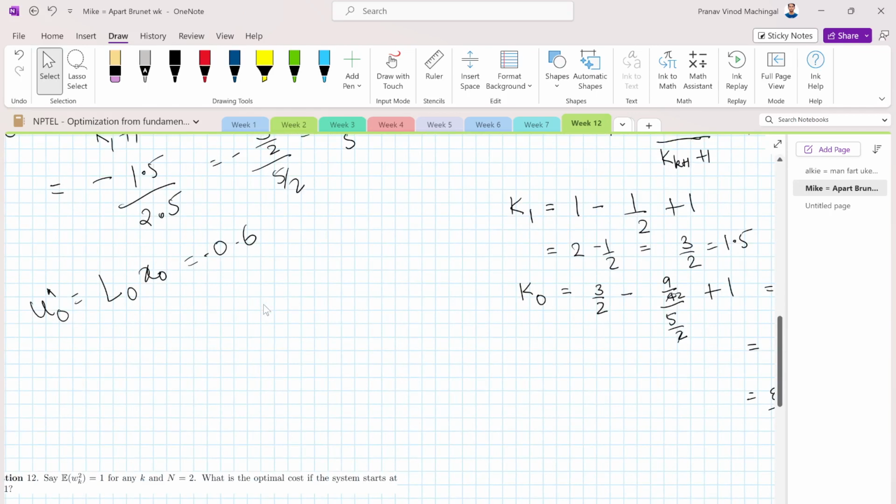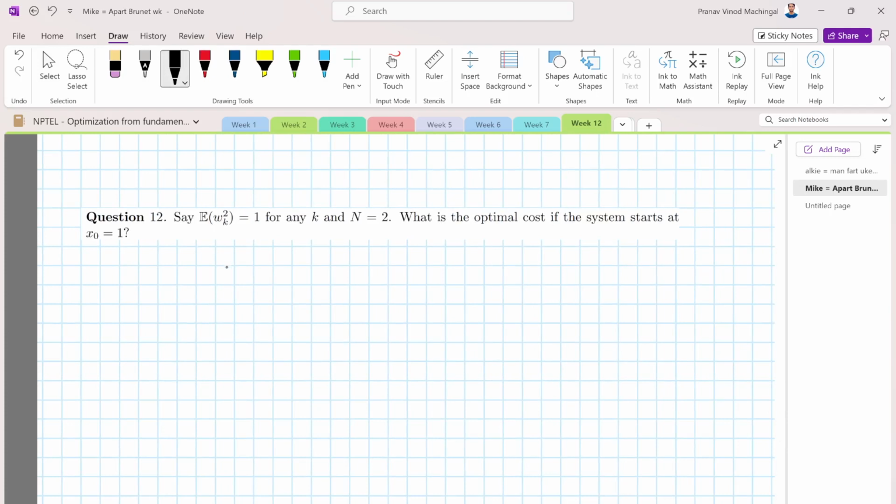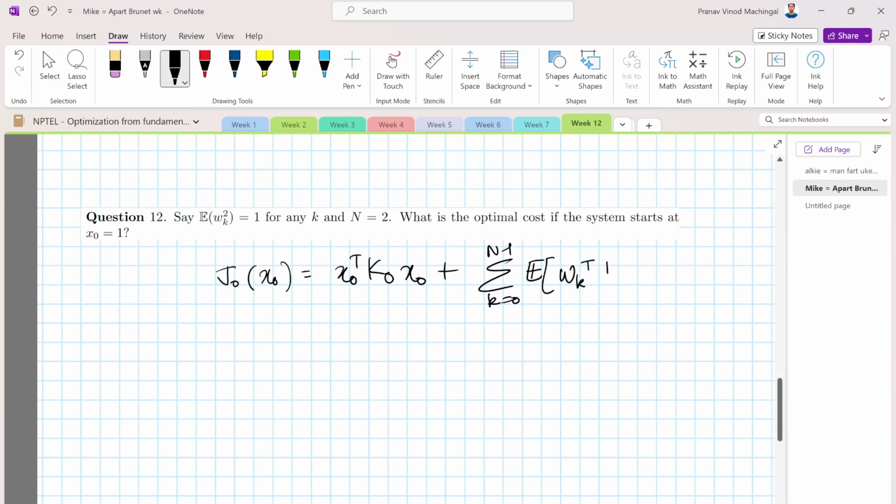So I just reuse the definition written in the lecture notes: x0 transpose K0 x0 plus summation k equal to 0 to n minus 1, expected value of wk transpose K(k+1) wk.